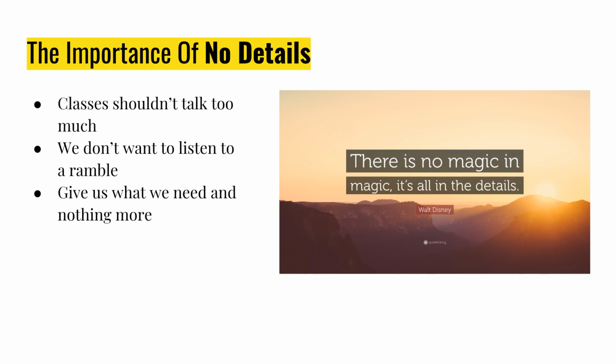No details when we don't need them is an essential part of programming. We shouldn't enforce others to know more than they should. And for that reason, classes shouldn't talk too much. Classes should expose what is needed the most, and that's all. So we don't want to listen to a ramble, and we just want to have what we need.